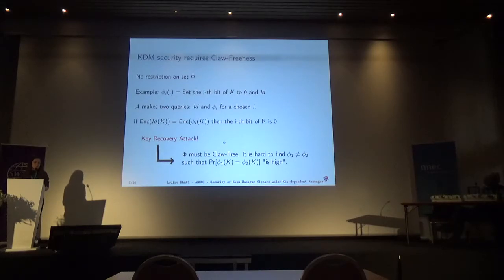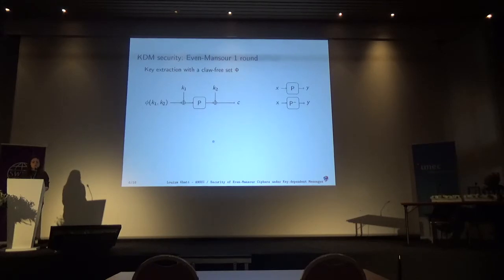So now, even if we take a set phi that is claw-free, we will see that we can have attacks on one-round Even-Mansour. Here you can see the Even-Mansour with different keys, and as this permutation is actually public, the adversary can ask queries to this permutation.